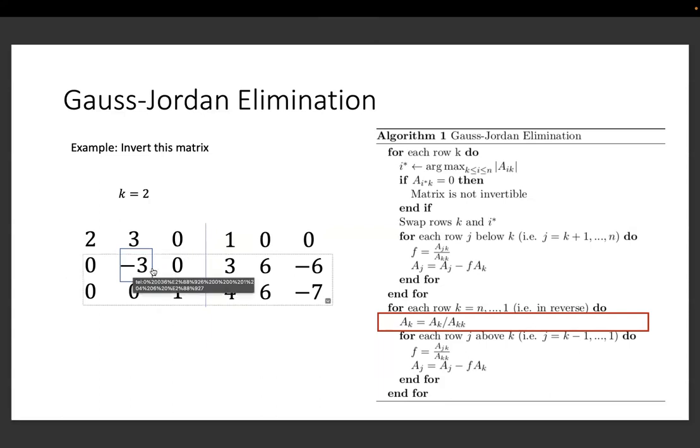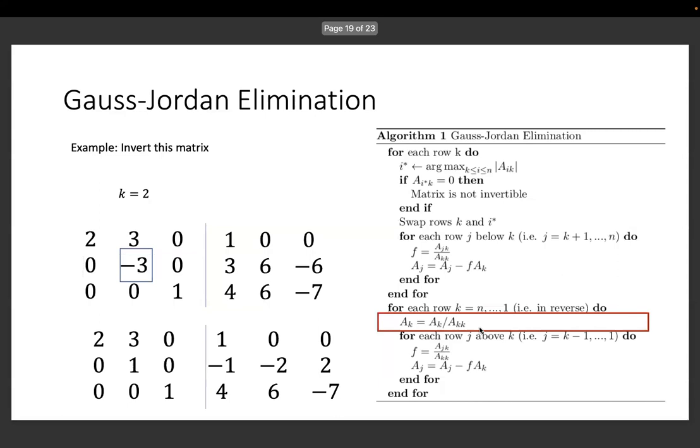A22 is minus 3, and then we divide all elements by minus 3. So I think the process is clear now, because we know the intuition for each line here.